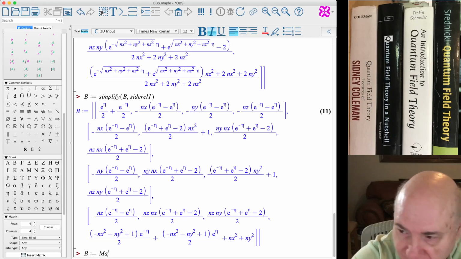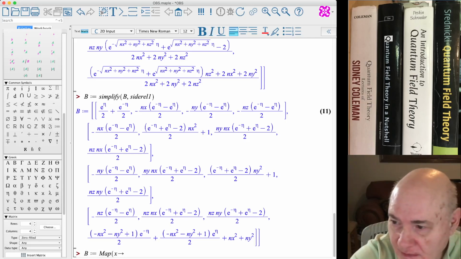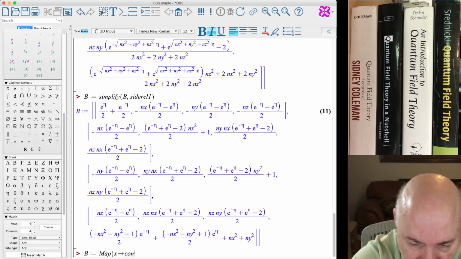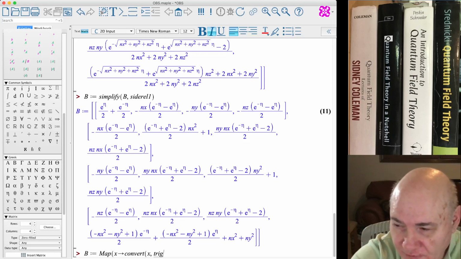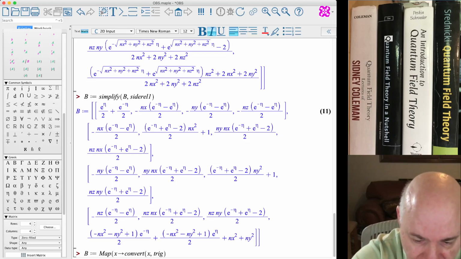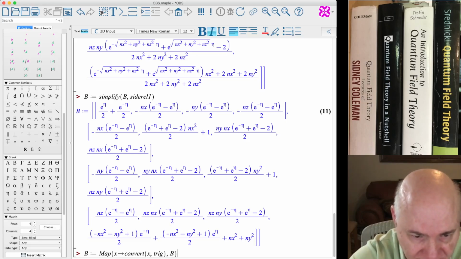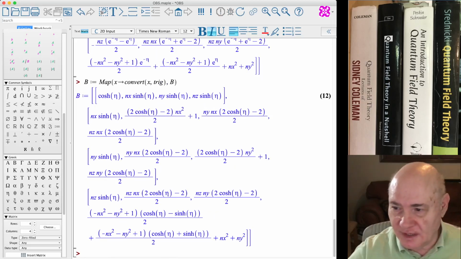So I'm going to use that map thing again. By the way, I'm by no means an expert on Maple. I'm sure there are many easier ways to do this, and I've deliberately avoided using the physics package for this because I didn't want to screw it up.